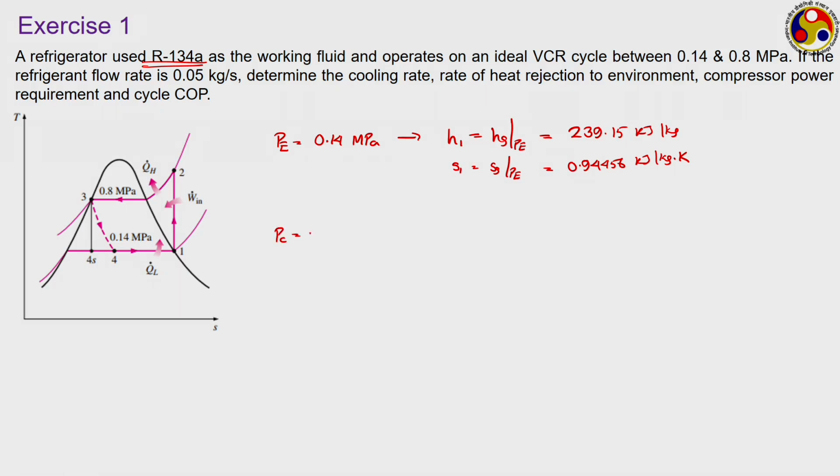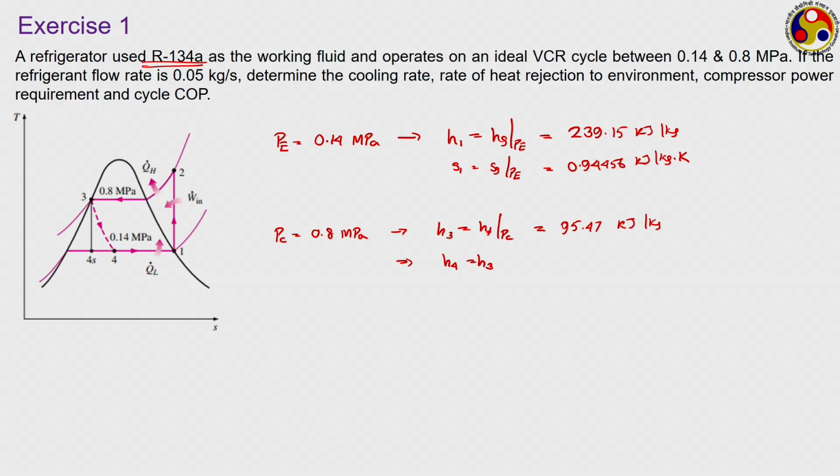We know Pc is equal to 0.8 megapascal. So, H3 will be equal to Hf corresponding to this Pc, that comes out to be 95.47 kilojoule per kg, and process 3 to 4 being a throttling one, we know that H4 is equal to H3, the same value.